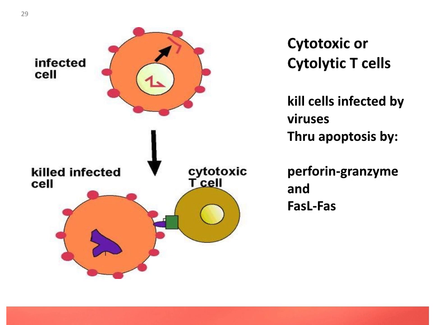So we have discussed cell-mediated immunity, both innate and adaptive. To summarize, innate cell-mediated immunity involves phagocytes, so phagocytosis plus natural killer cell activity. Natural killer cell activity results in destruction or killing of cells that are infected by viruses.